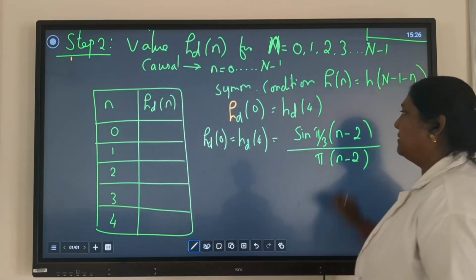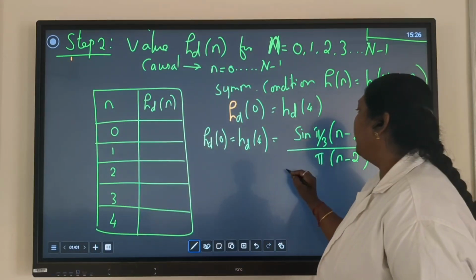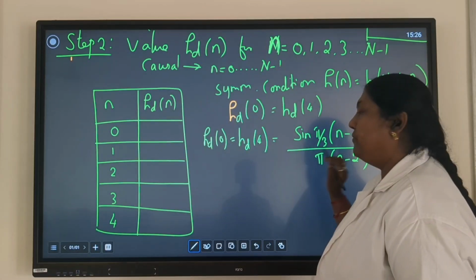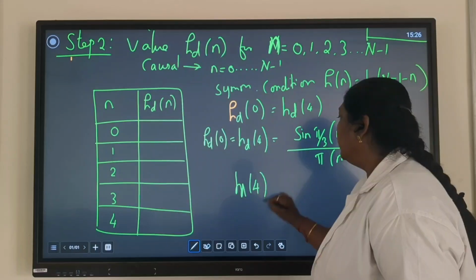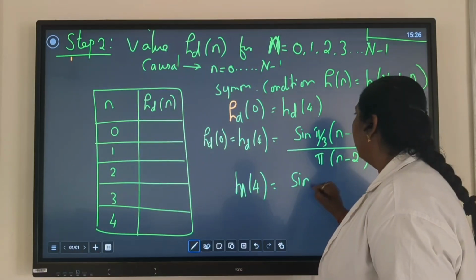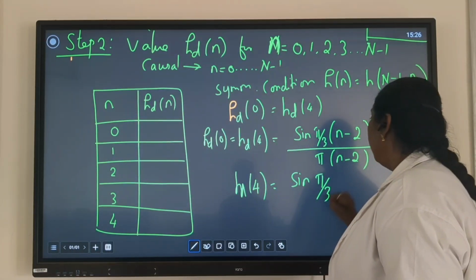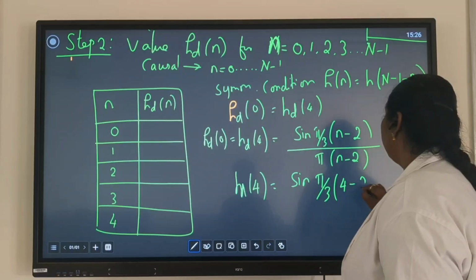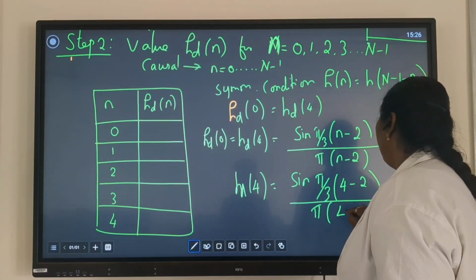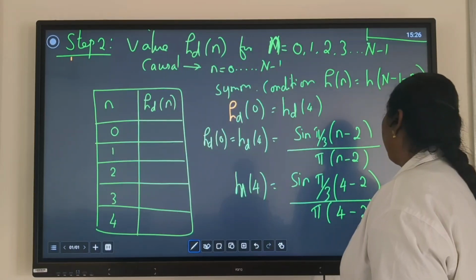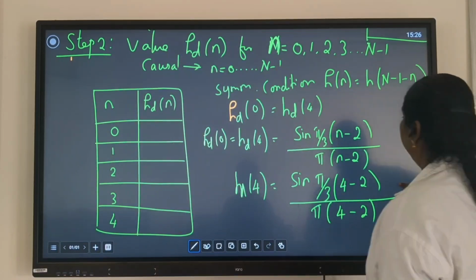So this is the formula. Now I am going to substitute small n equal to 4. So hd of 4 is equal to sine of pi by 3 into 4 minus 2, divided by pi into 4 minus 2.